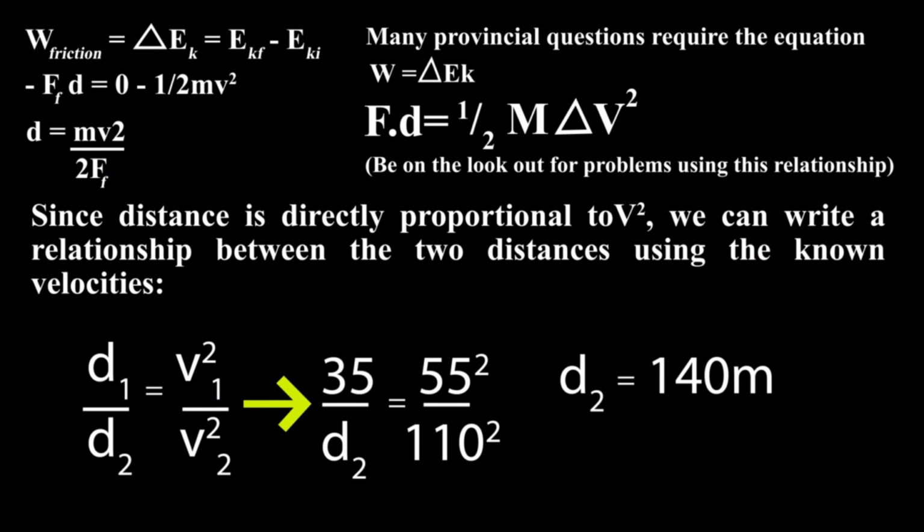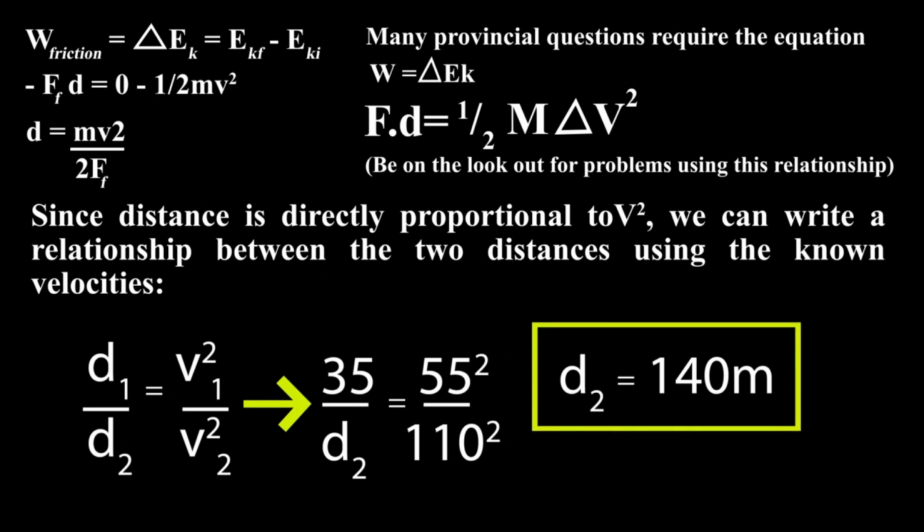Once we cross multiply, we have 35 multiplied by 110 squared divided by 55 squared. And that gives us d2 is equal to 140 meters.